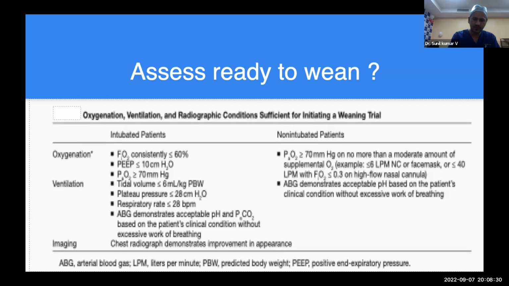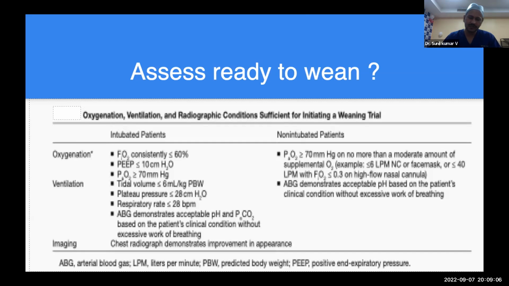If the FiO2 requirement is less than 60 in an intubated patient, and the PO2 is more than 70 in non-intubated patients using a normal mask, or an FiO2 of about 0.3 if using a high flow nasal cannula, that will give us a readiness for the weaning process.